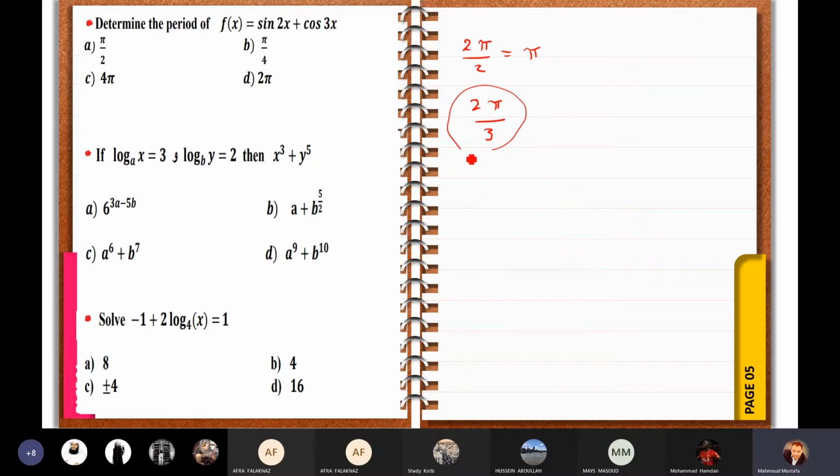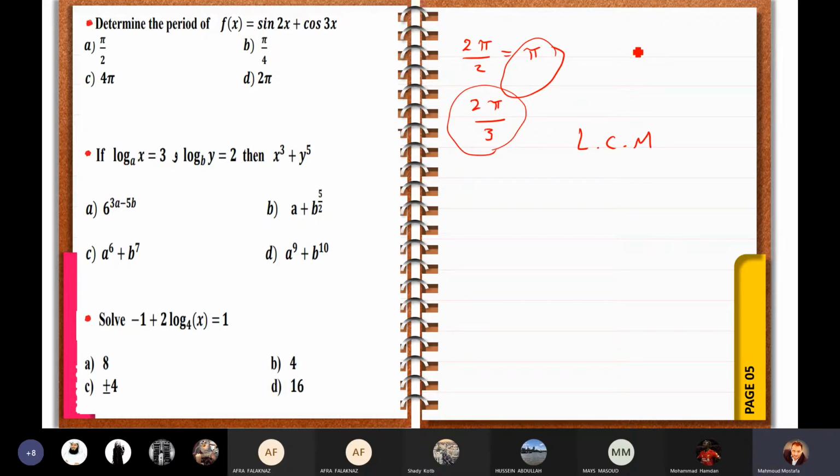Okay. For the period to be the same, we take the LCM, the least common multiple of pi and 2 pi over 3. Can you find it? Grade 12. LCM for pi and 2 pi over 3.